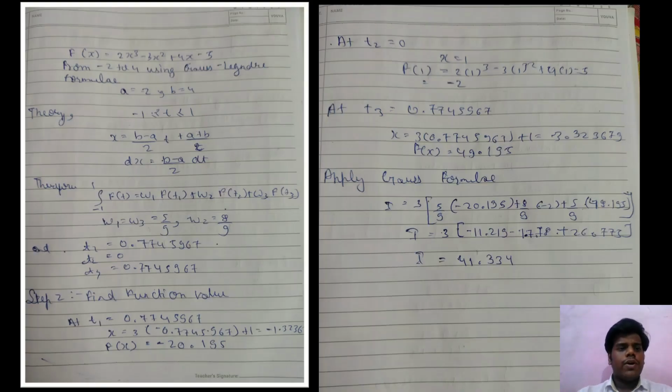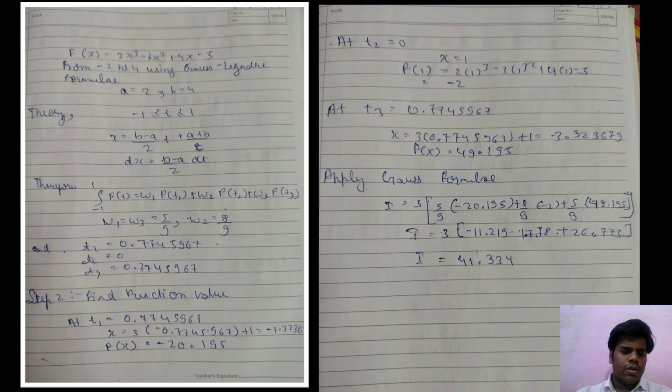f(x) is equal to 2x cube minus 3x square plus 4x minus 5 from 2 to 4 using the Gauss-Legendre formula, where a equals 2, b equals 4, and minus 1 is less than or equal to t, which is less than or equal to 1. And x equals (b minus a) upon 2 times t plus (a plus b) upon 2.